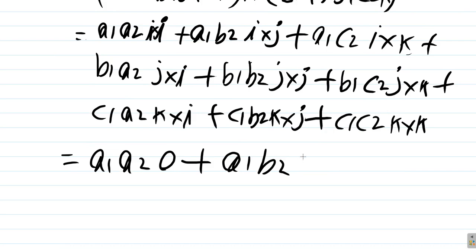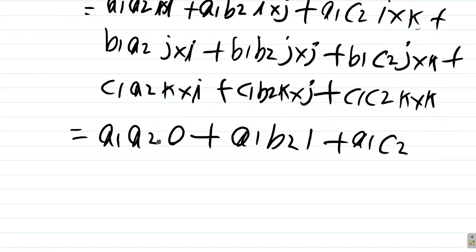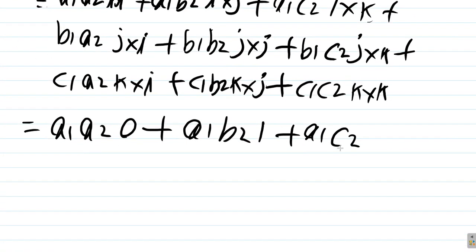Plus A1, C2, i cross k. So if we have k up here and i here, and we cross k with i, that's 90 degrees, so we get 1. Alright, so i cross k gives us 1, plus B1, A2, j cross i.